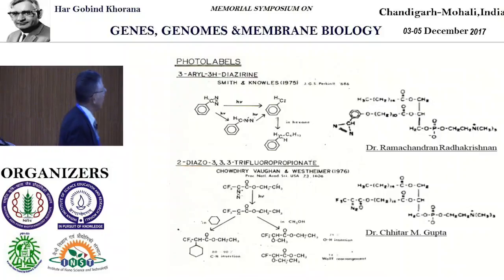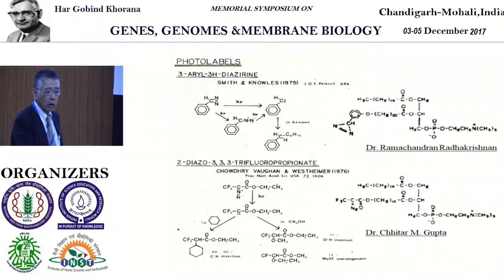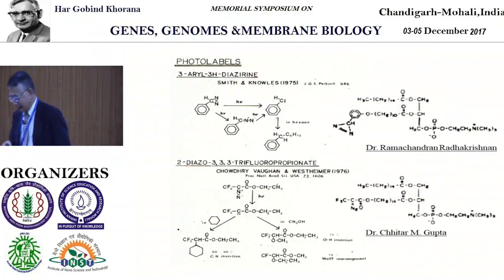And I didn't know until a few hours ago that when he synthesized these radioactive compounds, the firefighters and radiation protection officers were standing by just in case an explosion happened, because he used radioactive phosgene. So I didn't know that until today. So it was a very dangerous project, to say the least.